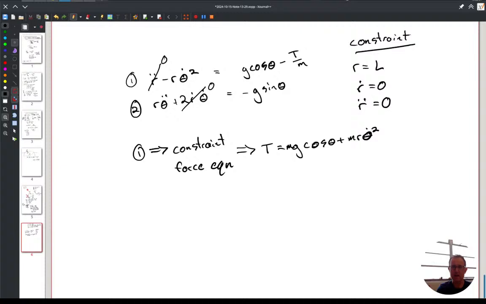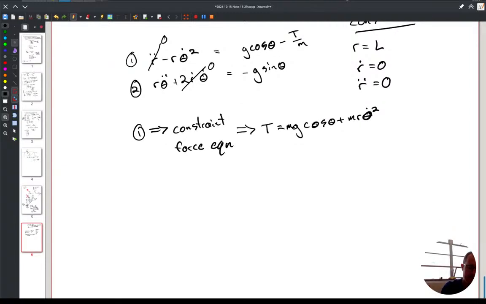I can't do the opposite. I guess if I knew the tension, then maybe I would know something about theta and theta dot, but I would need one of them. I can't just, this is not a solvable differential equation because T is an unknown variable and theta dot are both functions of time. So I can't solve that, but it is a constraint force equation.